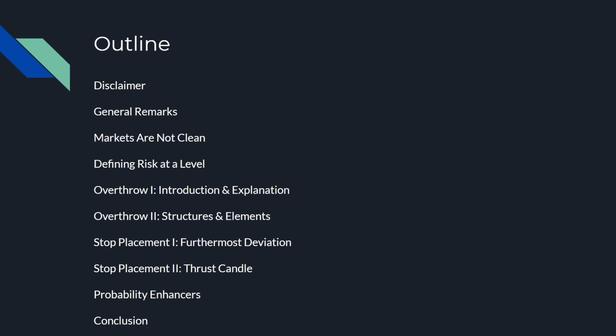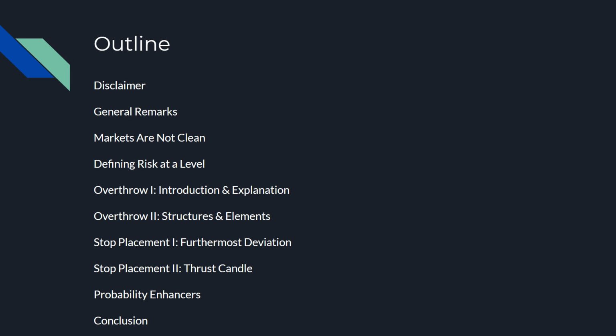Outline, nothing too surprising. Disclaimer, general remarks, and some general context on how markets are not clean and what that means for these types of setups or applying this logic to our risk definition. We'll then talk about defining risk at a level and the two branches of taking a trade as a structure. Finally, we'll get to Overthrow and break that down into two parts. Part 1 being introduction and explanation, Part 2 being structures and elements.